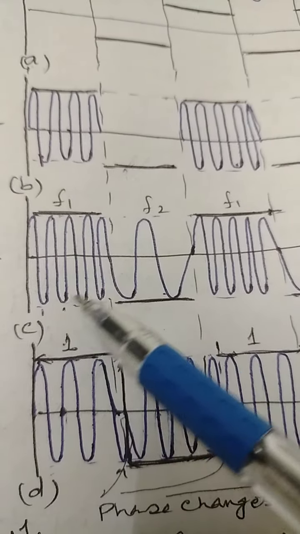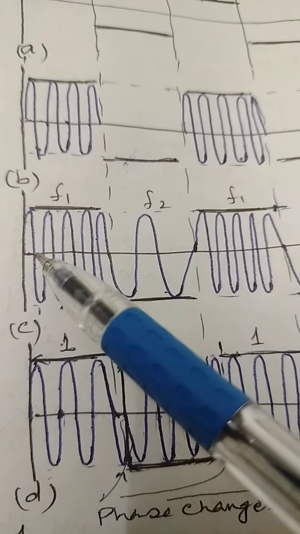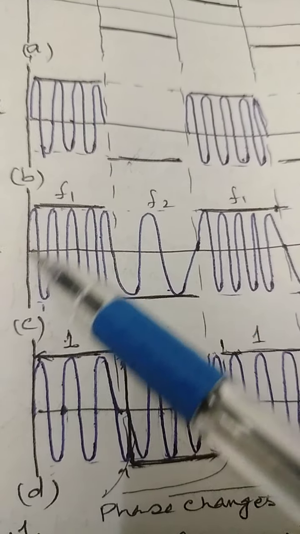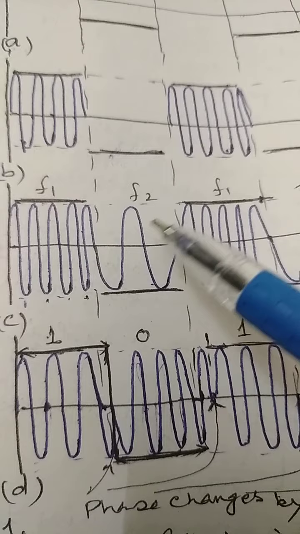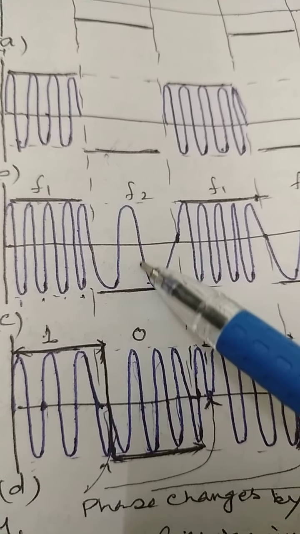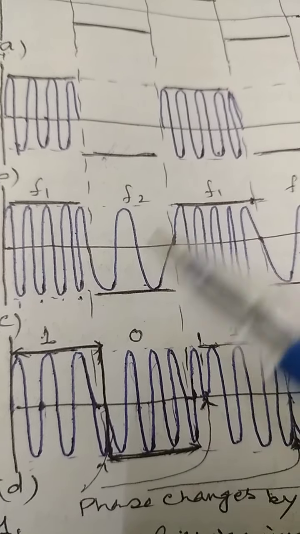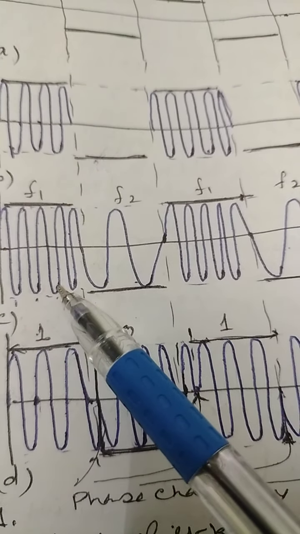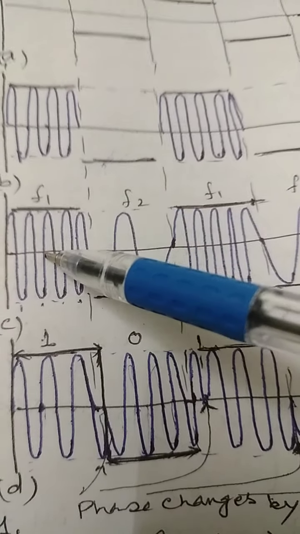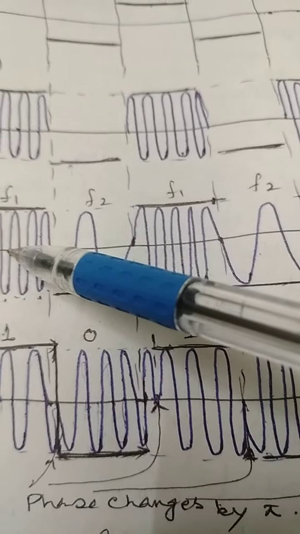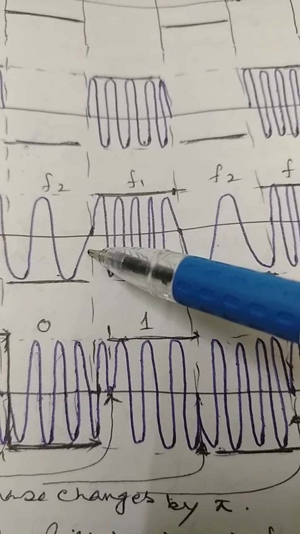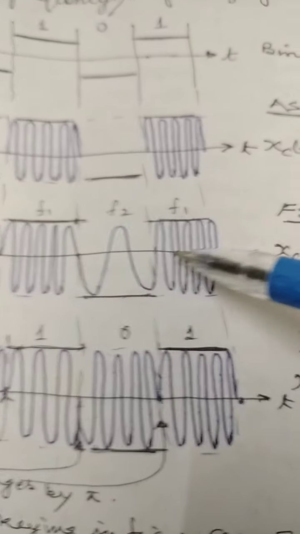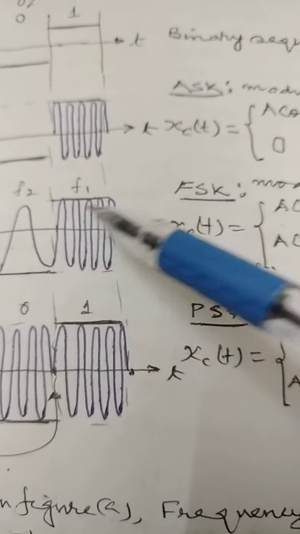For the same interval of time we have taken 1 cycle, 2 cycle, 3 cycle, 4 cycle, and 4.5 cycle to represent this, whereas for this we have taken 2.5 cycle, 1.5 cycle. So low frequency has been represented here, and high frequency here. For logic 1 we use high frequency, and for logic 0 we use low frequency.